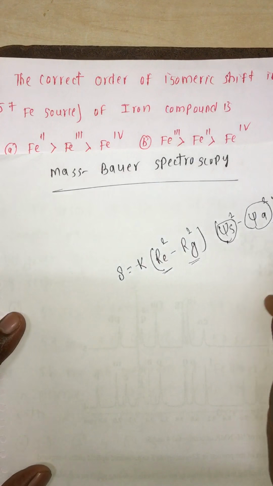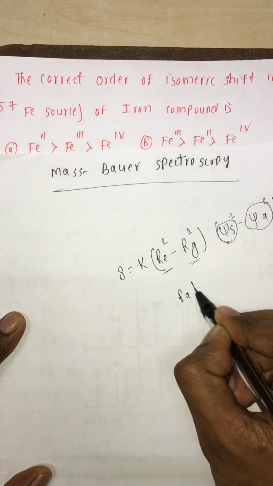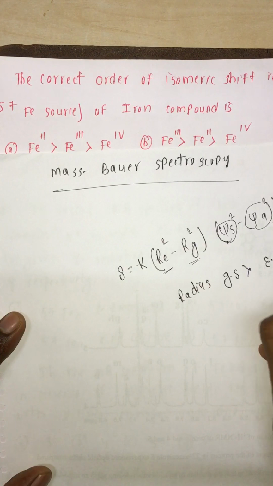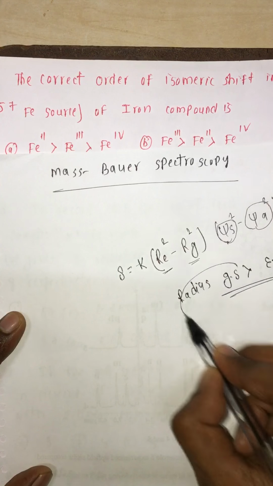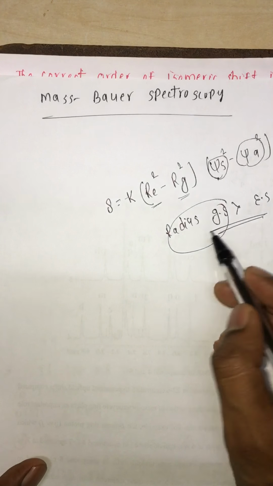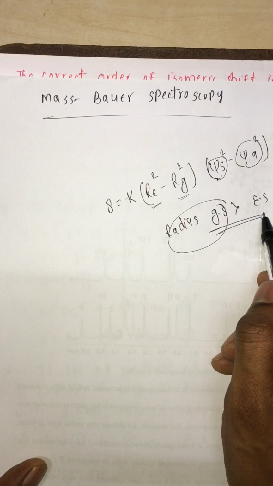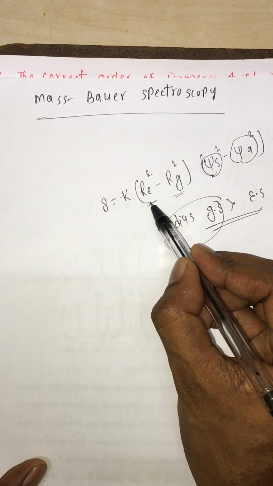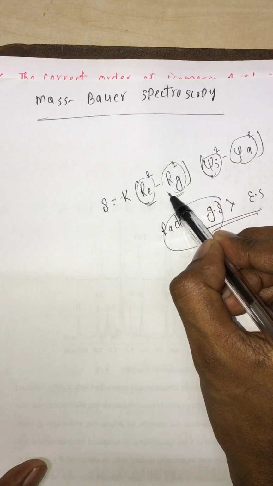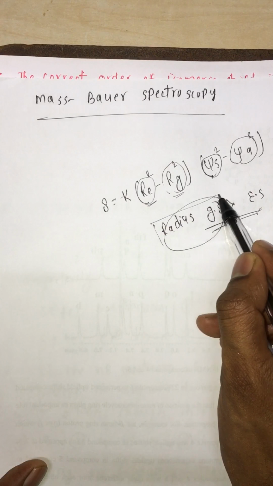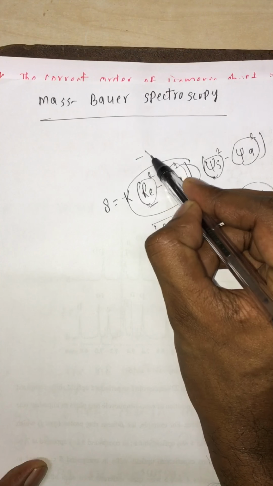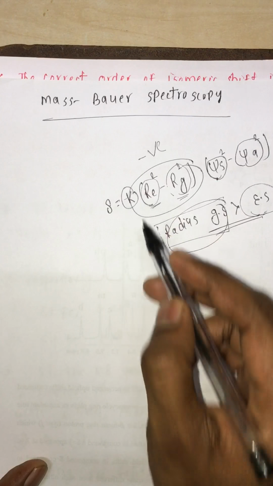As we know, the radius of the ground state is greater than the excited state, because the number of electrons in the ground state is more compared to the excited state. Since the radius of the ground state is greater than the radius of the excited state, this value will become negative, and K is the constant here.